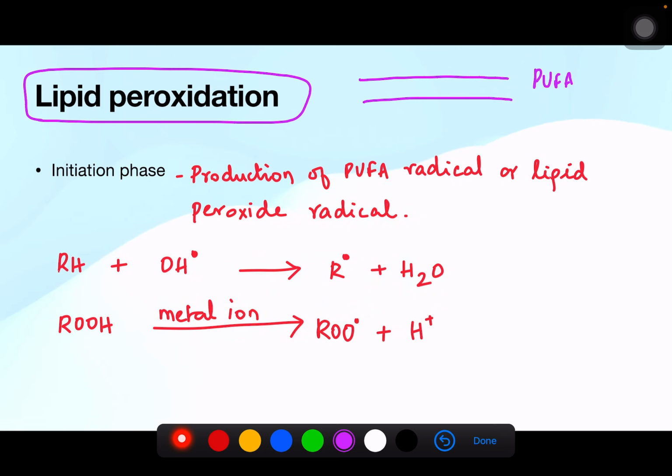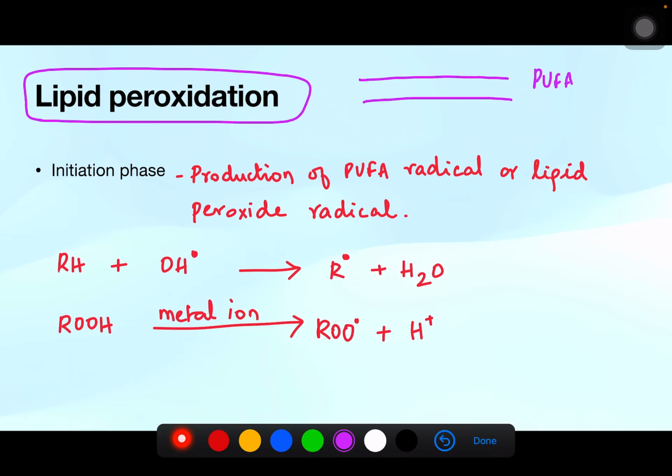The cell membrane is damaged. There is loss of cell membrane functions, which can lead to various clinical manifestations. So be it inflammation or respiratory diseases or disease of the eye or reperfusion injury, myocardial infarction, any skin diseases, cancer, all of these can be attributed to free radical toxicity, and all of them can be attributed to lipid peroxidation of the cell membrane.